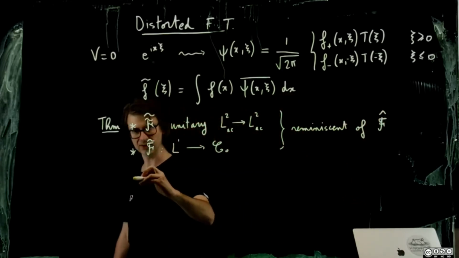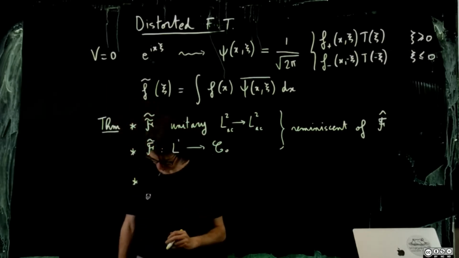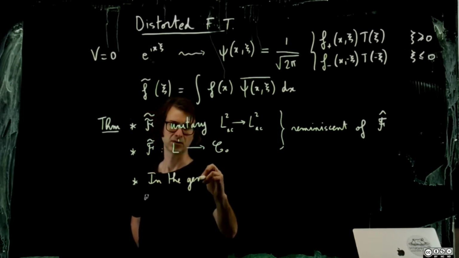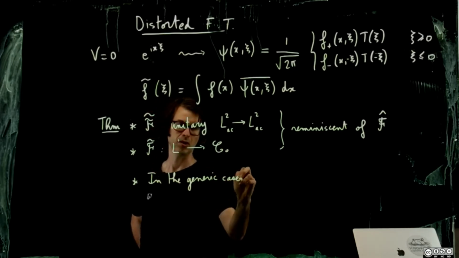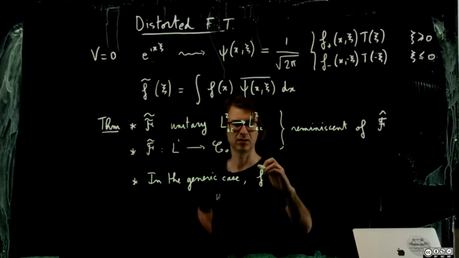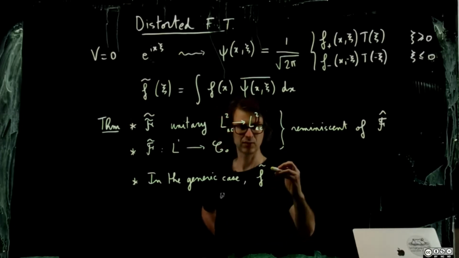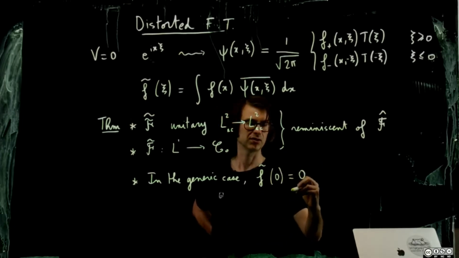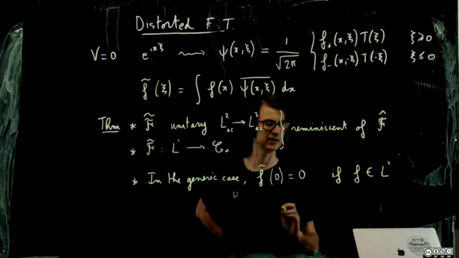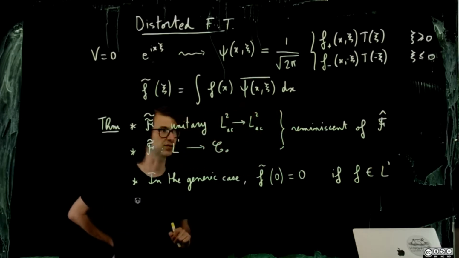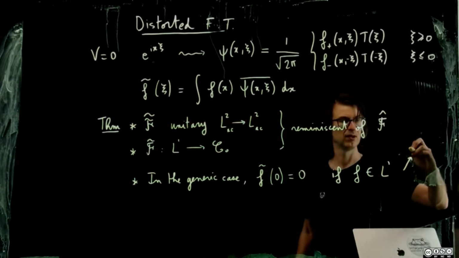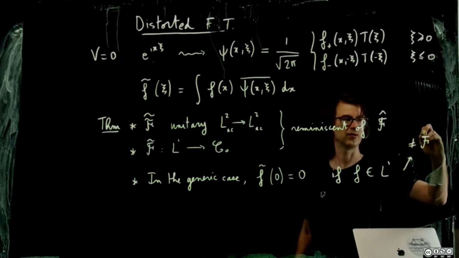But now there are differences. In particular, in the generic case, if you look at f tilde of 0, this is 0 if f is in L1, which of course is not the case in the flat case. That's different from the regular Fourier transform, right?